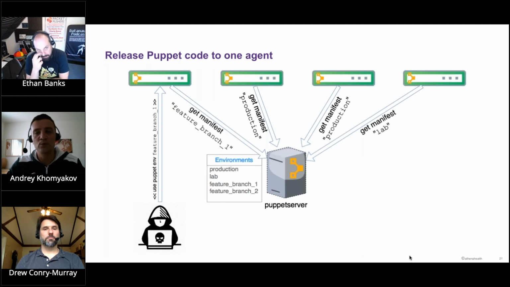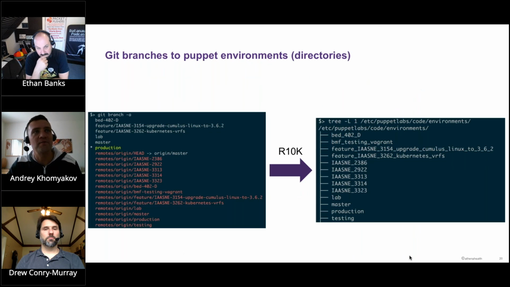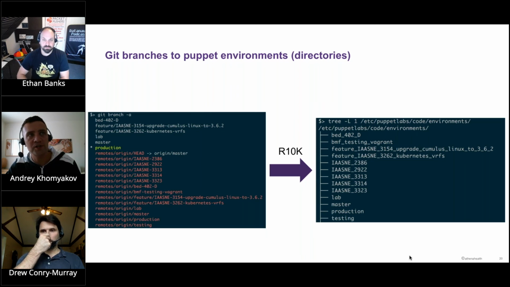And you can even get more granular than that, because R10K creates a Puppet environment out of the branch name. You don't even have to merge it into any other branch. If you notice here, I have a couple of branches called feature something, with some internal bug IDs that we use. Those two branches that start with feature are something we were working on with Kubernetes.